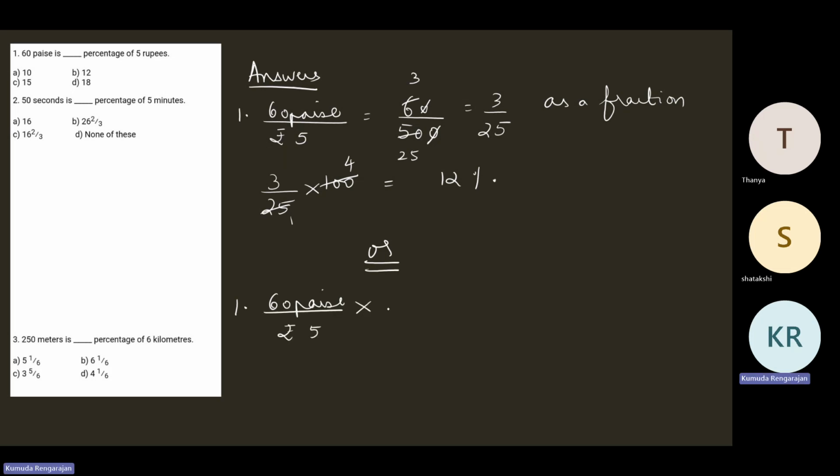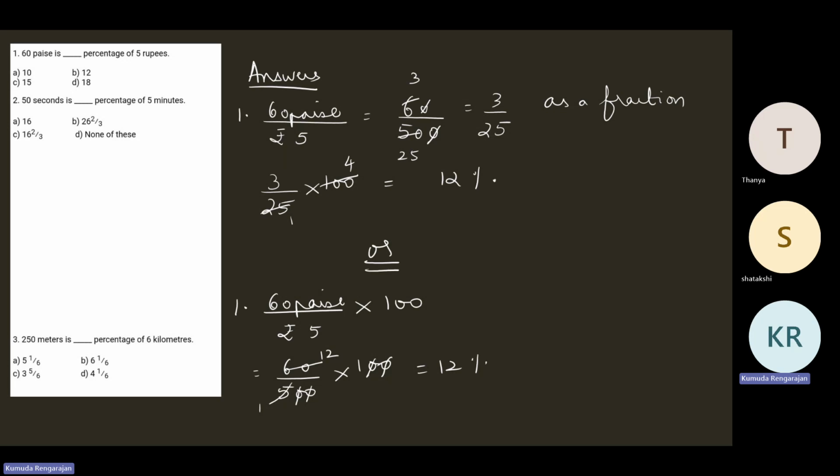To find percentage, you need to multiply by 100. Directly you can do this. In the first working, I have found the fraction.